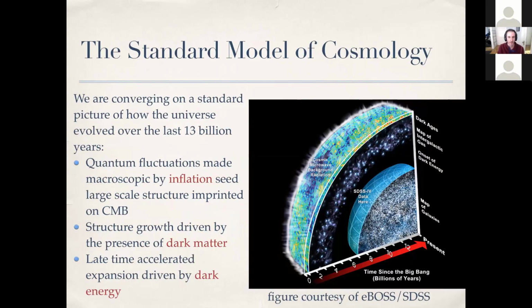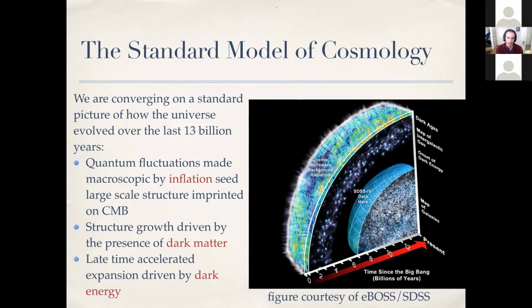Okay, so let's get started. Over the last 30 plus years, we've begun to converge on something called the standard model of cosmology. This standard model is a picture of how the universe has evolved over the last approximately 13 billion years. This picture starts with quantum fluctuations in the very early universe that are made macroscopic by inflation.